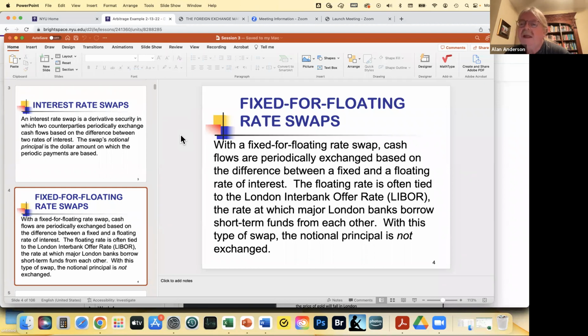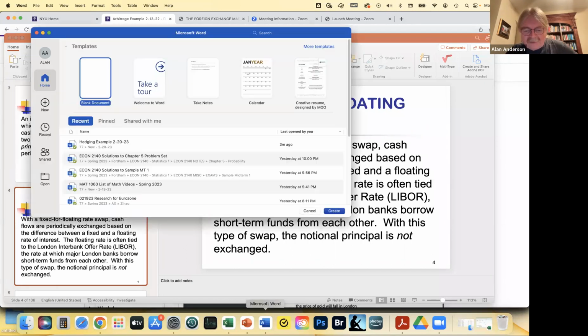Now, it turns out that in London in particular, it's possible, even easy, to deposit your funds into different accounts denominated in different currencies. So in other words, let me just get another document out here.